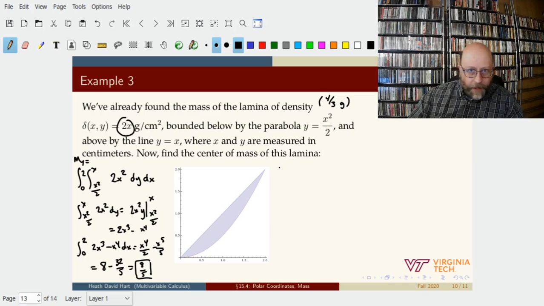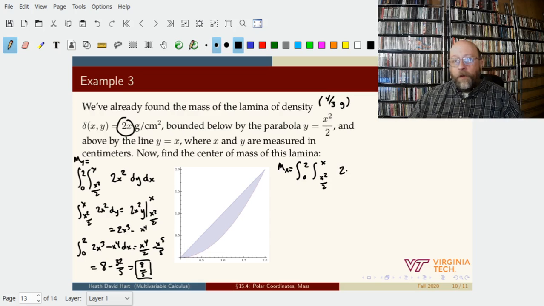The other integral we'll have to calculate is Mx. And that's going to be the integral from 0 to 2, the integral from x squared over 2 up to x of 2x. This is my density, but this time I multiply my density times y, dy dx.